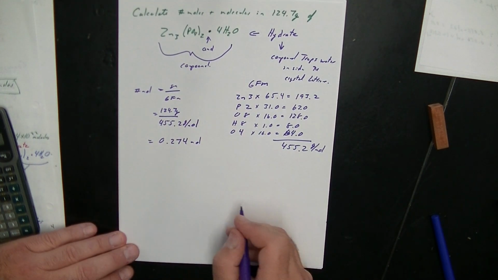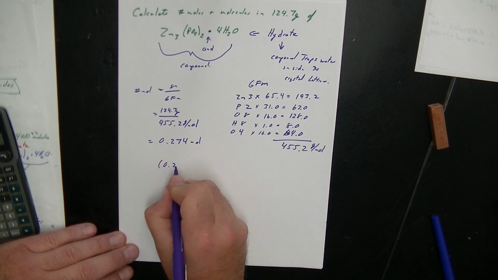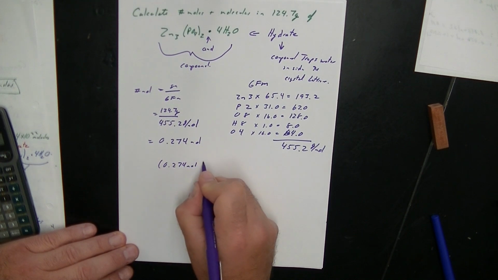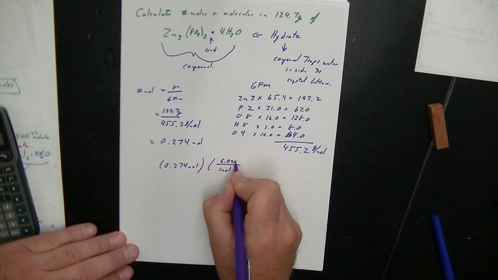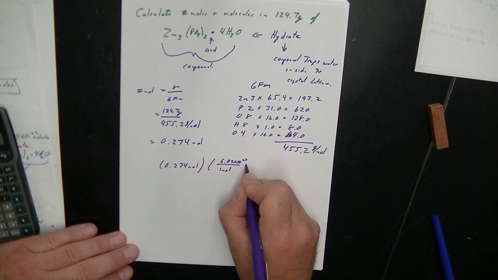Now we have to convert that to particles. So we take 0.274 moles. For every 1 mole, we have 6.022 times 10 to the 23rd particles.